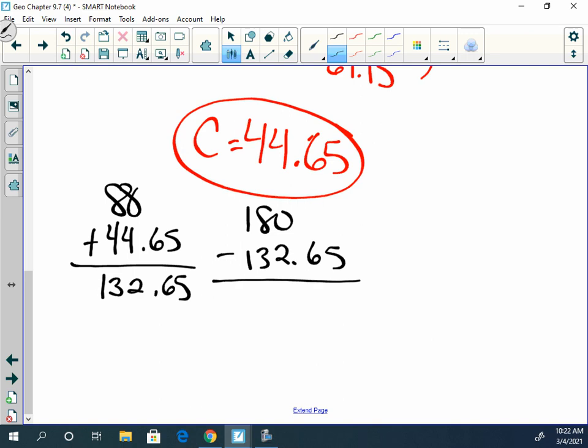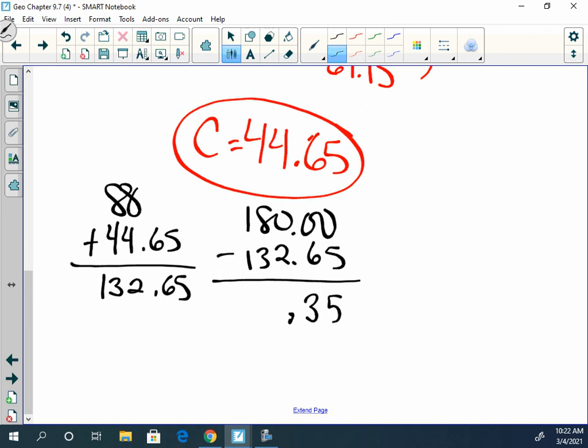So if we subtract this from 180, well, I know that 5 added to here would give us a 1, which would make that 6 into a 7. And if I add 3 to 7, that makes it into a whole number. This is how I would do it in my head when I add or subtract, or when I grade y'all's tests: I look at it and try to add back up to it.